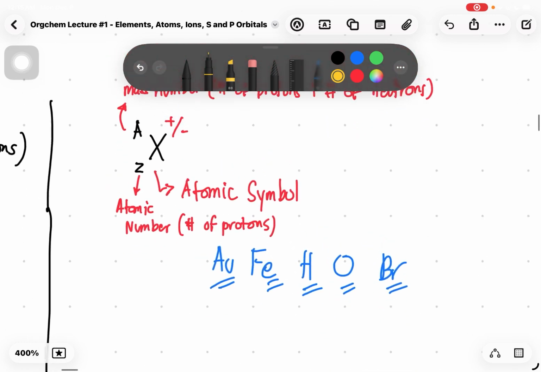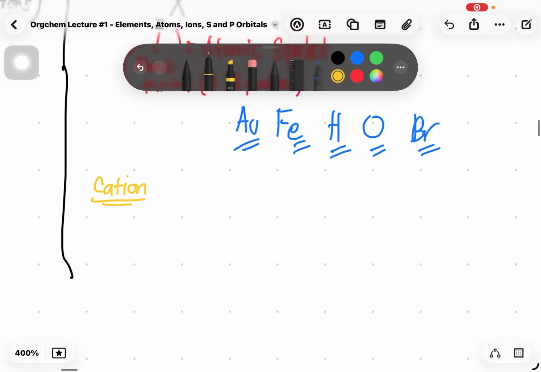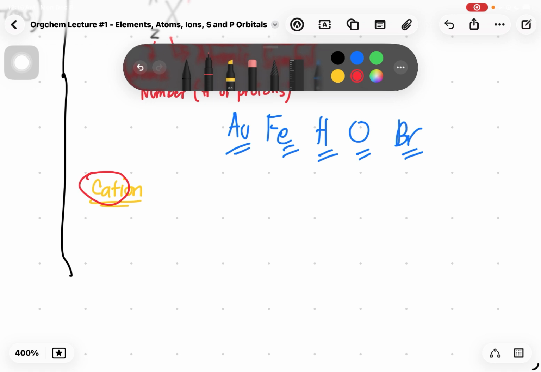Now let's find out what those two mean. So, a cation. An easy way to remember this is, let's highlight the word cat. So, we know that cats have paws, and "paws" is something we pronounce when saying the word positive.